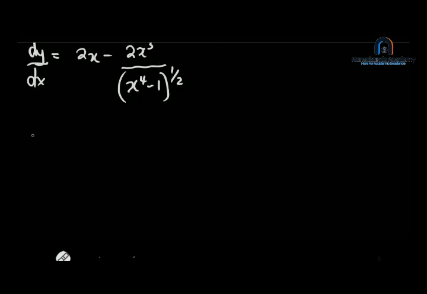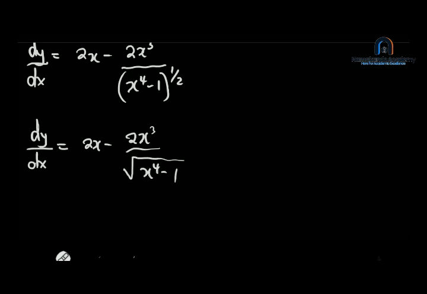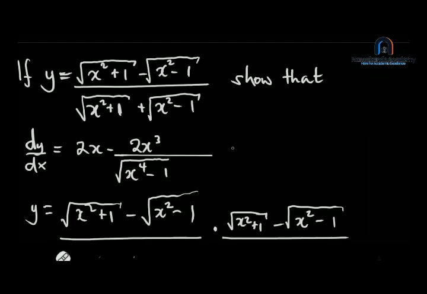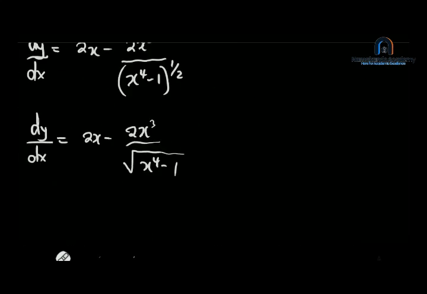Alright, so dy dx will now become 2x minus 2x to the power 3 over, so if the exponent is half, it is the same as saying square root, so say square root of x to the power 4 minus 1. And as we can see, we'll simply obtain the result which is required, and this therefore means that we've concluded our problem.